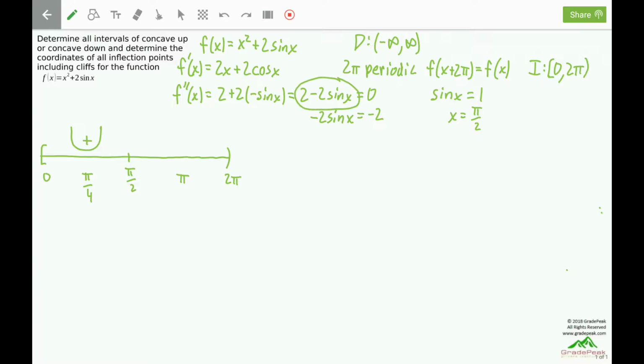Plugging pi in to the second derivative, the sine of pi is a 0. 2 times 0 is 0, so we have 2 minus 0, which is a positive number. We have a positive second derivative, which corresponds to concave up.